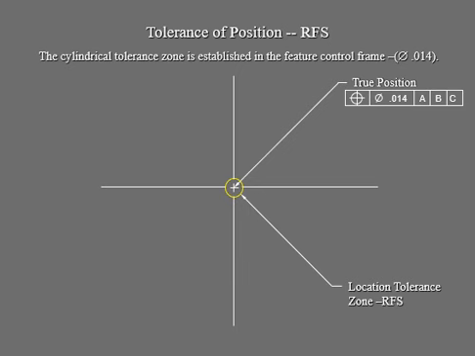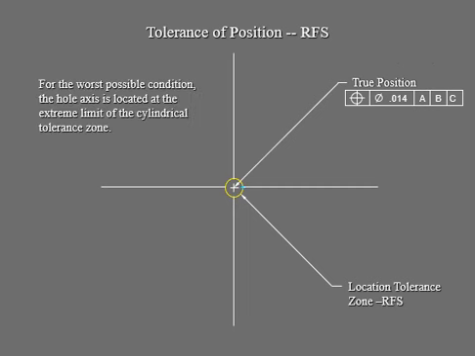So we'll just go straight with our true position and the given tolerance. Now we're going to deal with the worst possible position, and your hole axis, which is right here, has to be located at the extreme limit of your cylindrical tolerance zone.